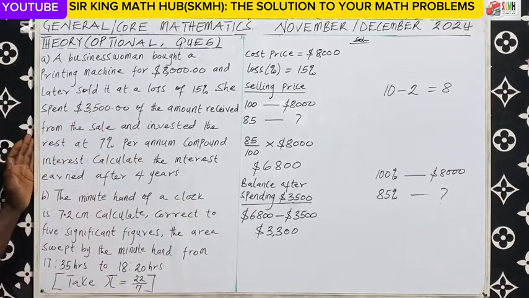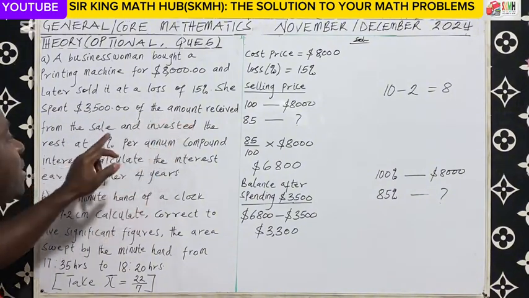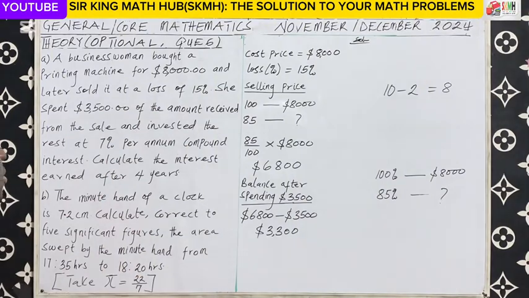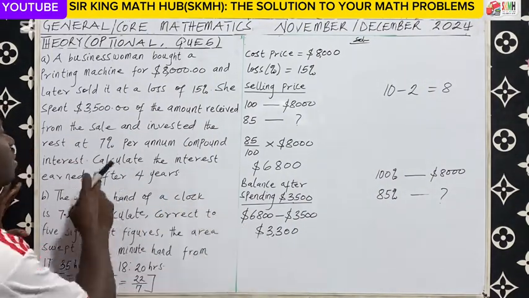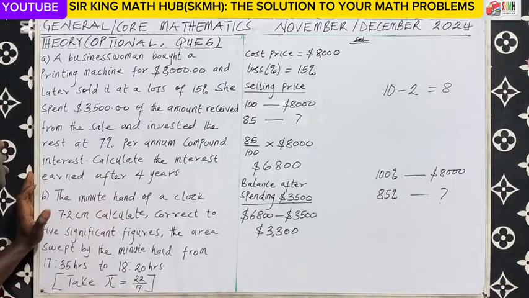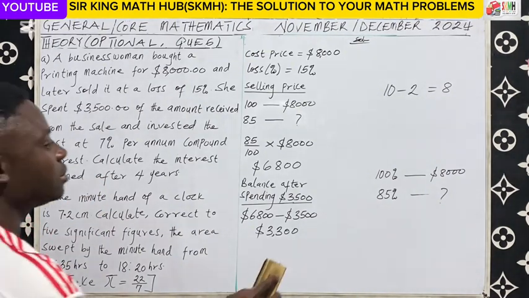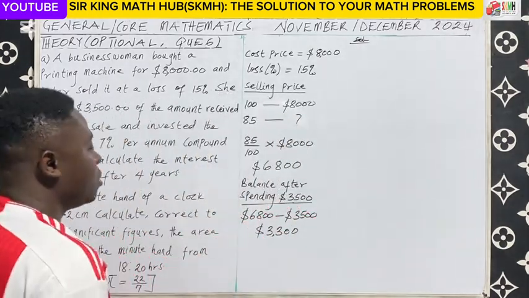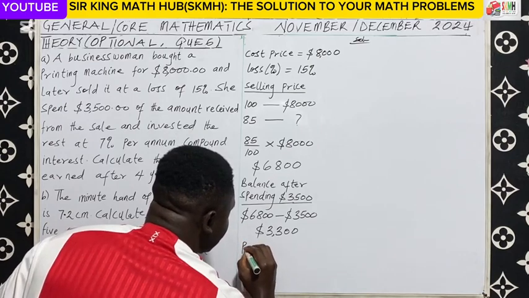Now, what did she do with the balance? We were told that she spent 3,500 of the amount received from the sale and invested the rest. So she then invested the rest, that is the balance, at 7% per annum compound interest. So you have to calculate the interest earned after 4 years. So with this, let's write: what is our principal?